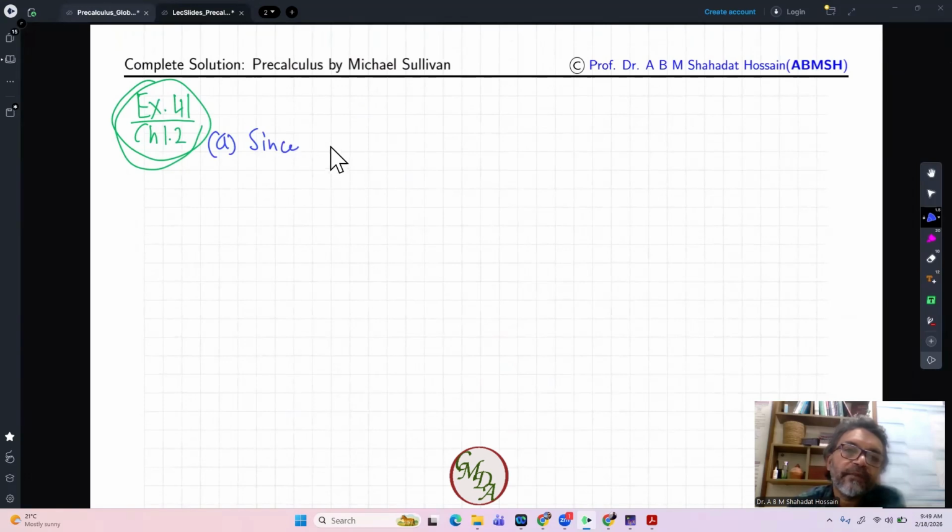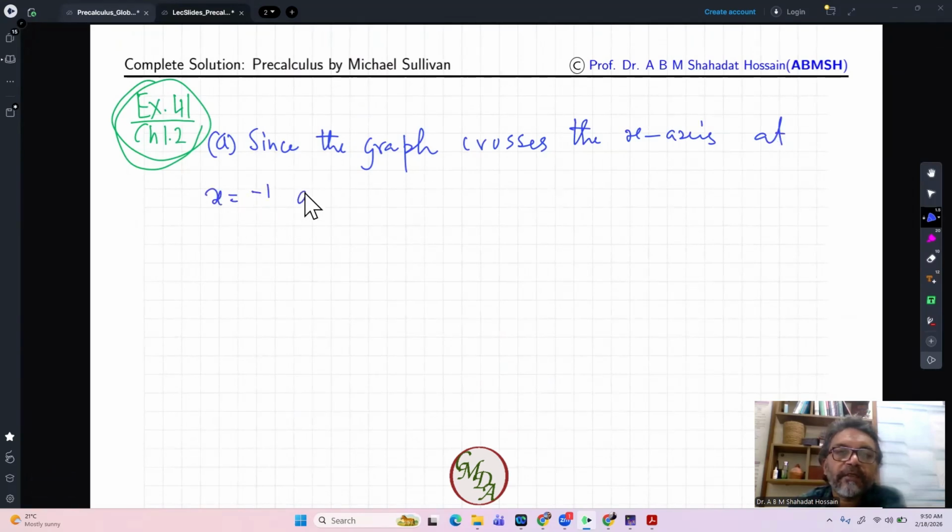I can write this way: since the graph crosses the x-axis at x equals -1 and x equals 1, the intercepts are, as we said, the points where the graph touches or crosses the x-axis and y-axis.